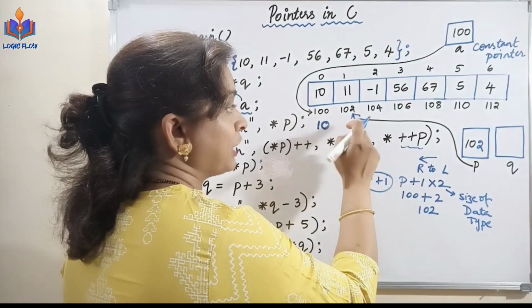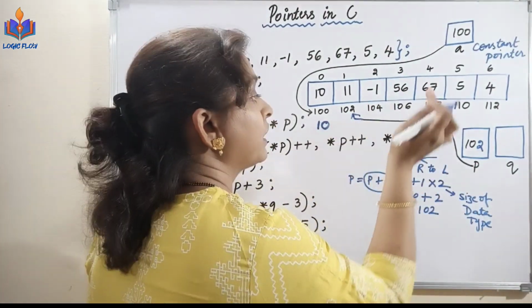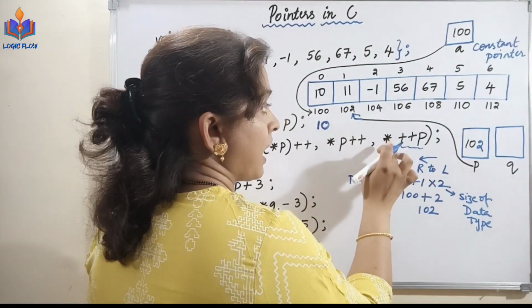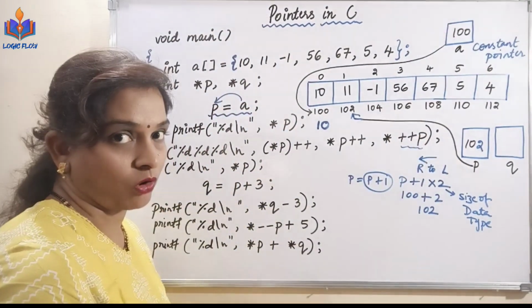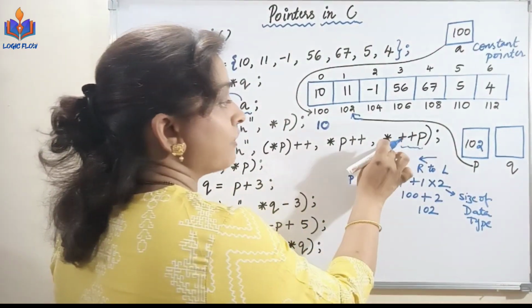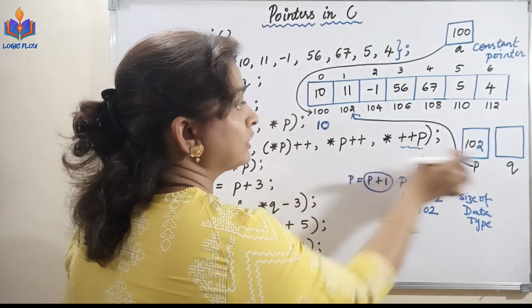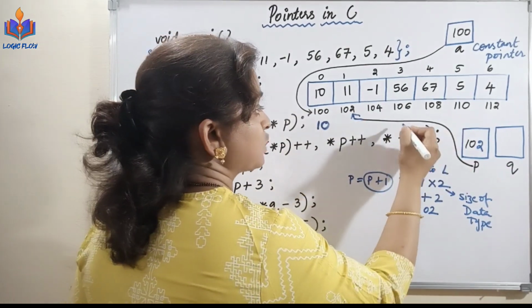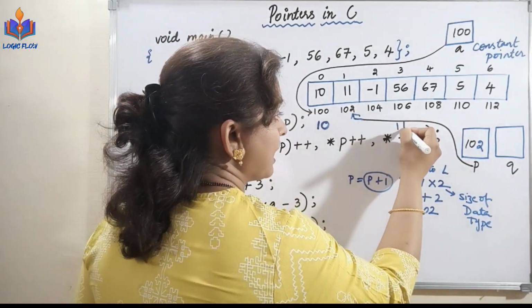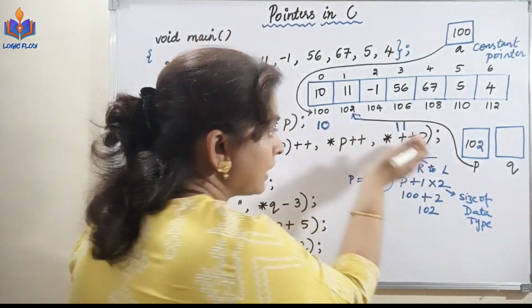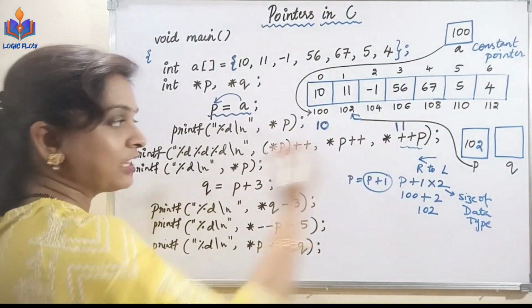So now p is pointing to 102. Then I'll say asterisk of that. What does the asterisk mean? Value at the location. Value at the location 102 is 11. So what will be the answer for this? 11. Then move from right to left.